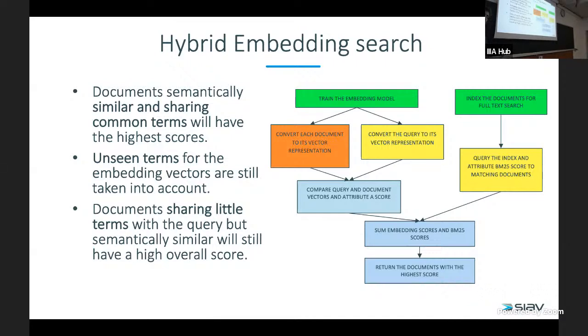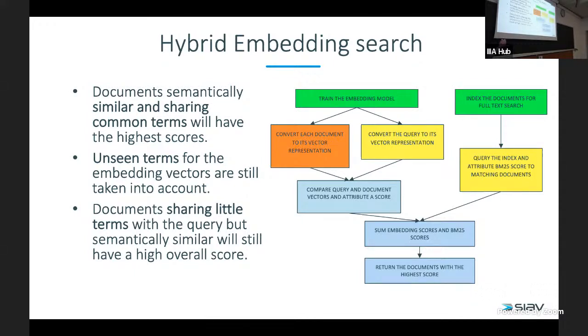Now, the result of using this approach, always going back to what our customer required, is that documents which are semantically similar or sharing the same context with your query will have a high embedding score, and documents which are sharing a lot of terms will have a high BM25 score.